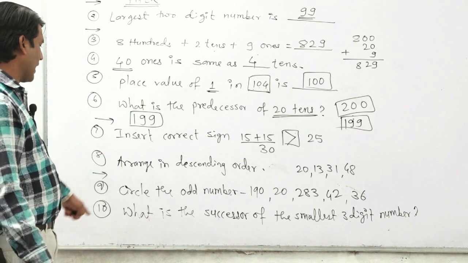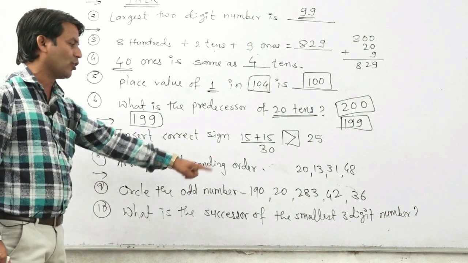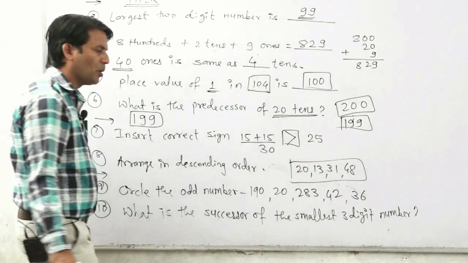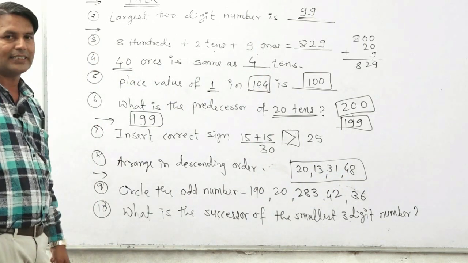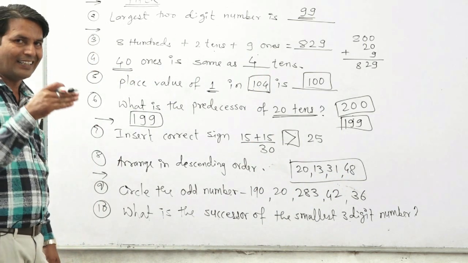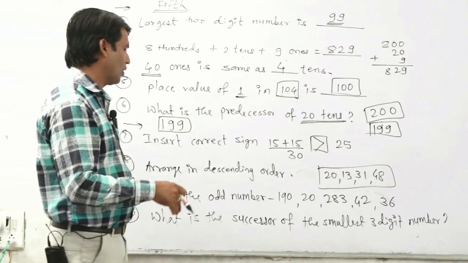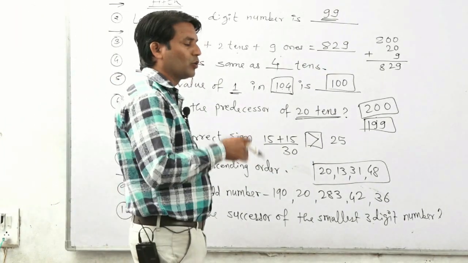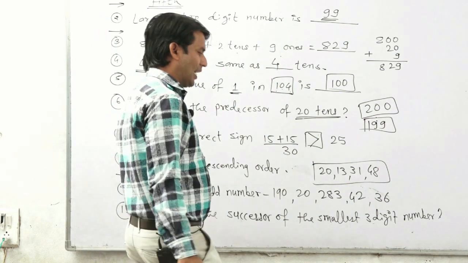25. After that, arrange in descending order. Some numbers are given here. We have to arrange these numbers in descending order. Descending order means what? Decreasing order. First of all, descending order means we have to start from the largest number.